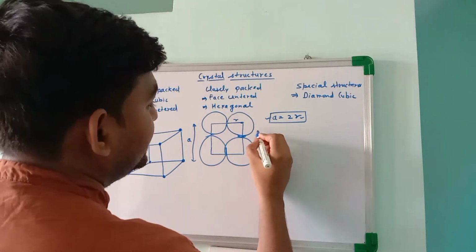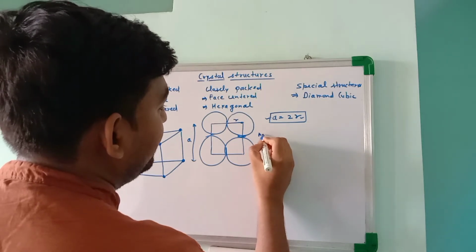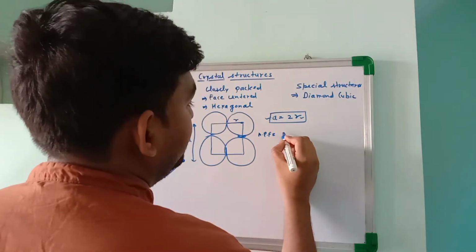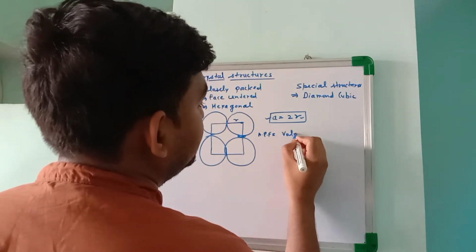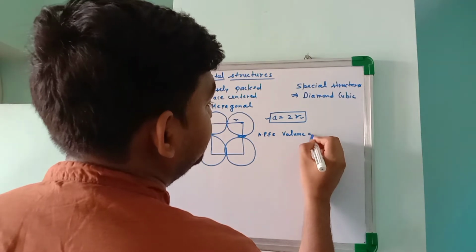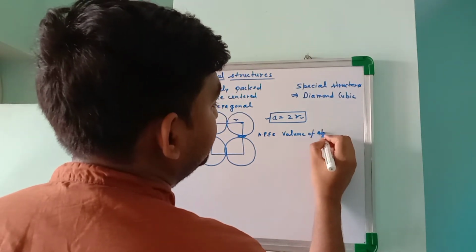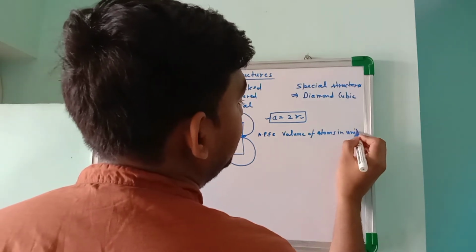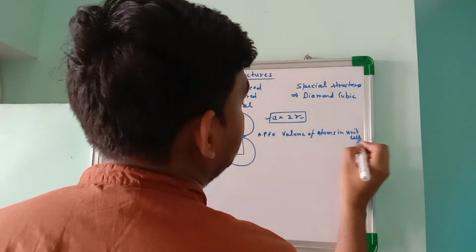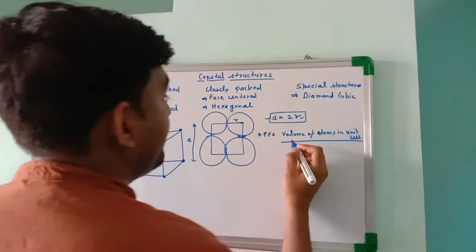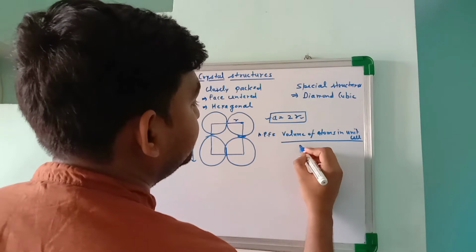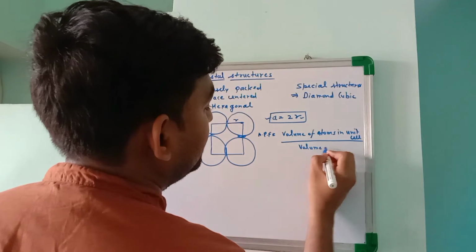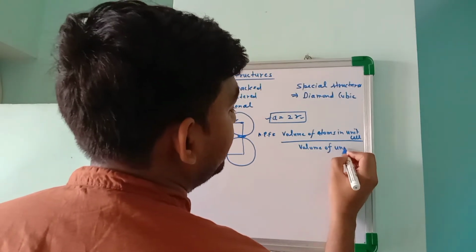For the atomic packing fraction, we know that the APF equals the volume of atoms in unit cell upon volume of unit cell.